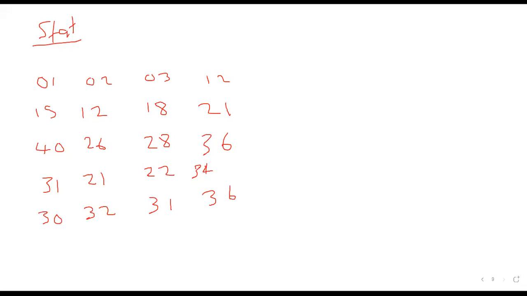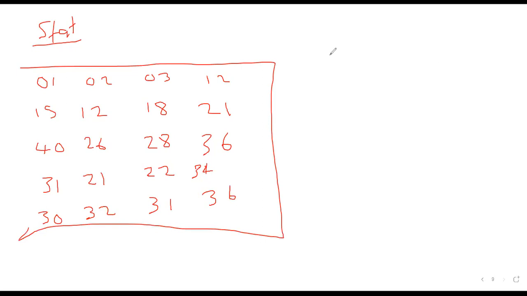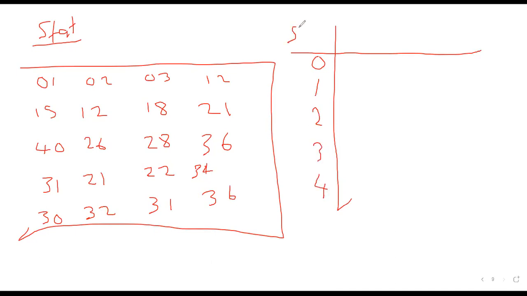You'll be asked to draw a stem and leaf diagram from this table. So we start with numbers that start with 0, then numbers that start with 1, and numbers that start with 2, 3, and 4. This is called the stem, and this is called the leaf. Starting with numbers that start with 0, we have 0, 1, 0, 2, and 0, 3, in ascending order.